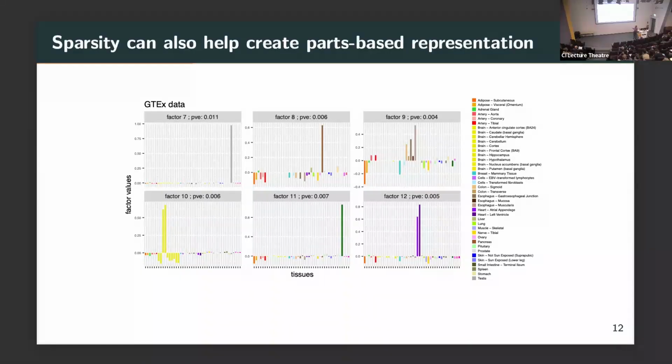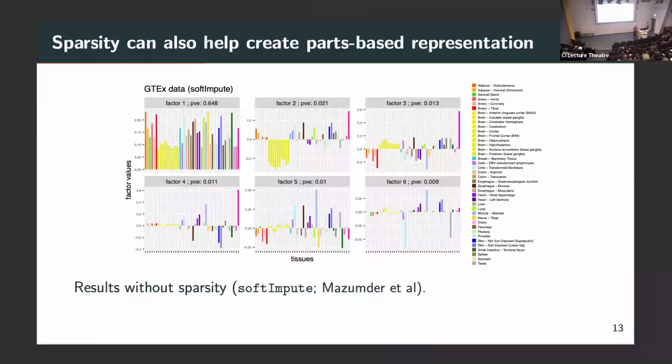Okay, so just to compare with a non-sparse version, which is essentially PCA, but actually we use the software softImpute. It's a slightly regularized version of PCA, but without any sparsity. You can see the first factor is essentially the same as ours. The second one's pretty similar, but not quite so sparse, but it's still capturing brain versus others, although a few things are going on with the brain here.